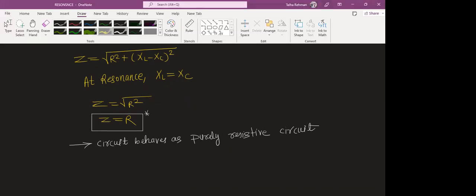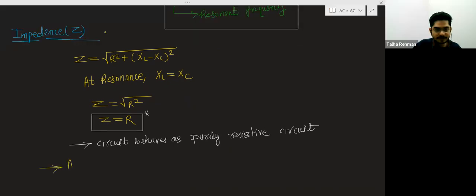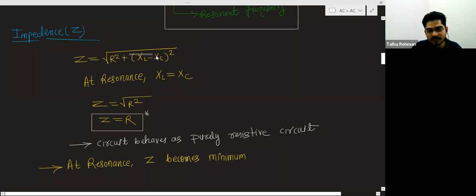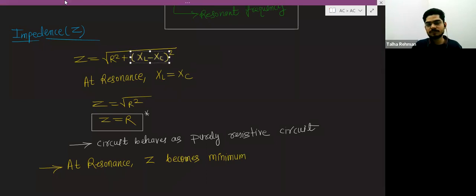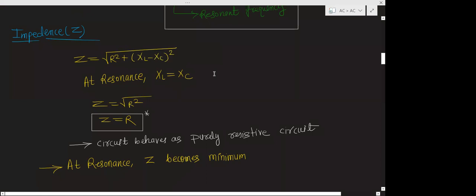So we can write that at resonance, Z becomes minimum. Why minimum? Because you can see from the formula this term is becoming zero. That is why Z becomes minimum.